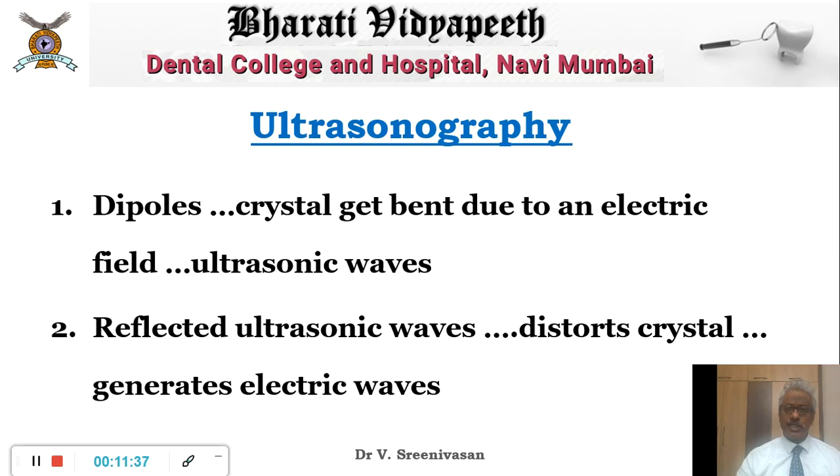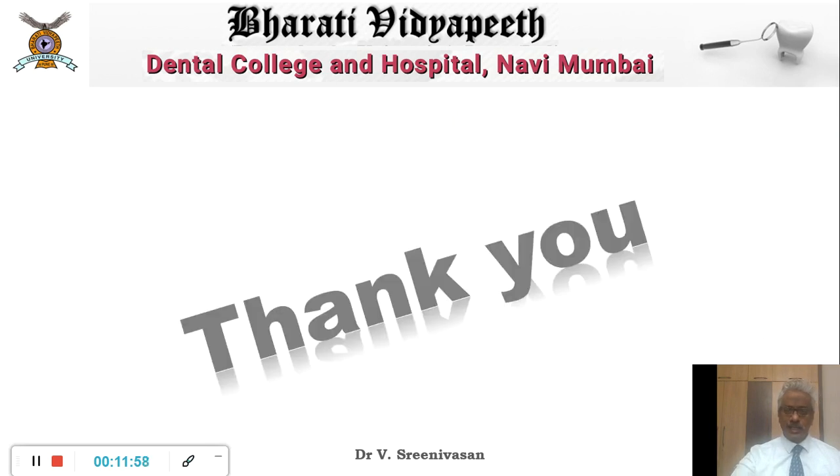That means the crystal changes its shape, and the moment the current stops, it goes back to its original shape. So this starts a very quick vibration, and this quick vibration generates an ultrasound. Likewise, when the ultrasound waves get reflected and affect this crystal, it in turn vibrates and creates an electrical signal.